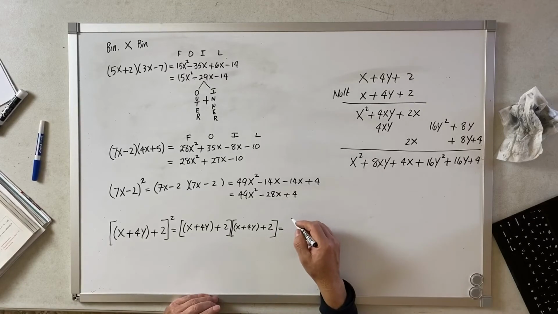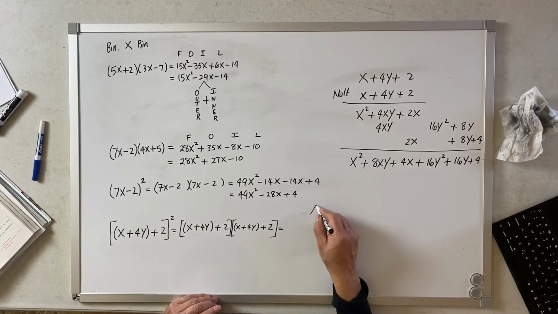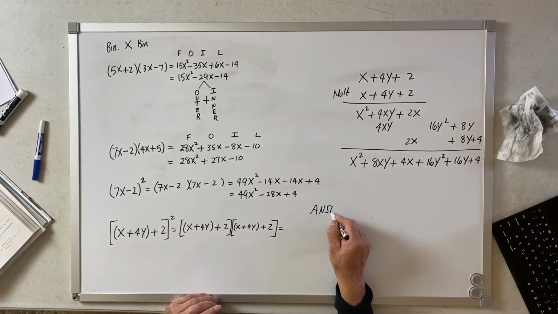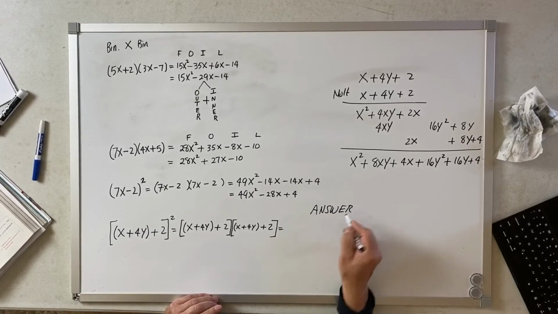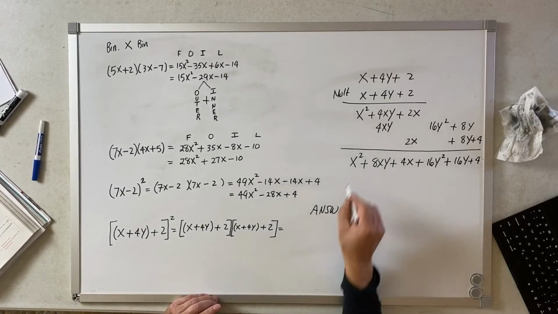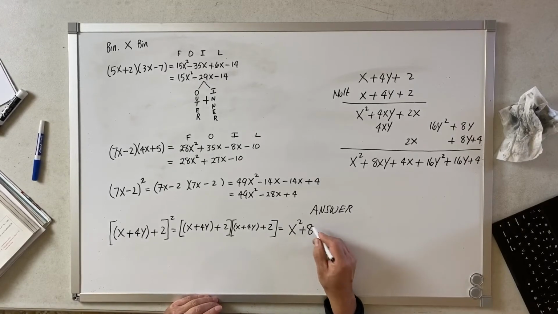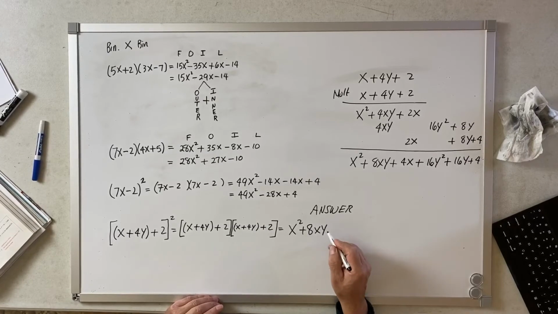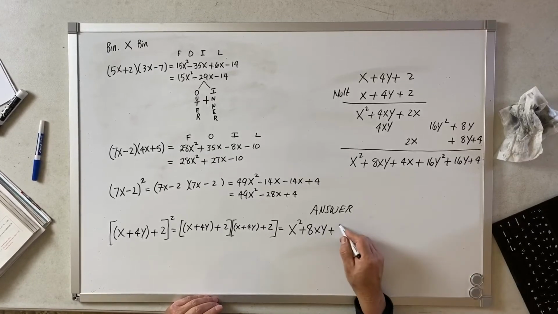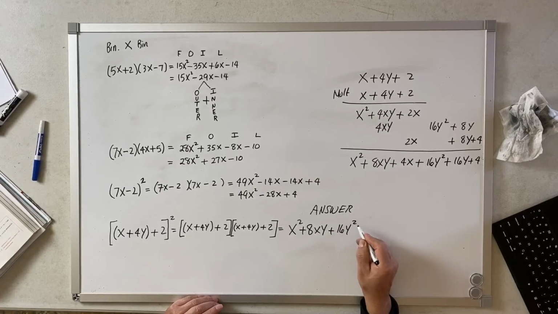So I'm going to write this in descending order. So here's the answer. First, I'm going to write x squared. Then I'm going to write plus 8xy. Then plus 16y squared.